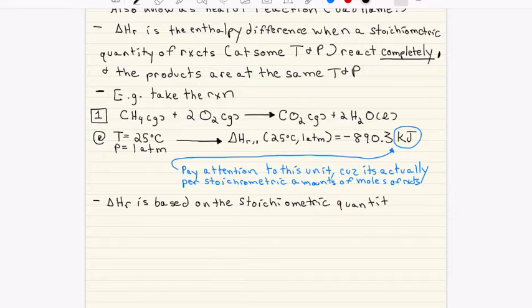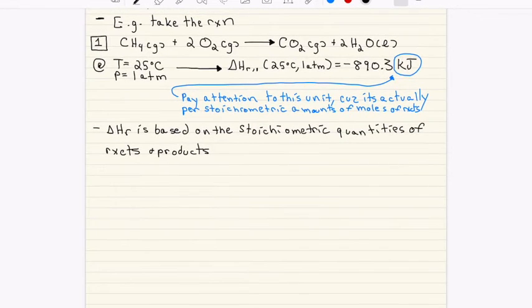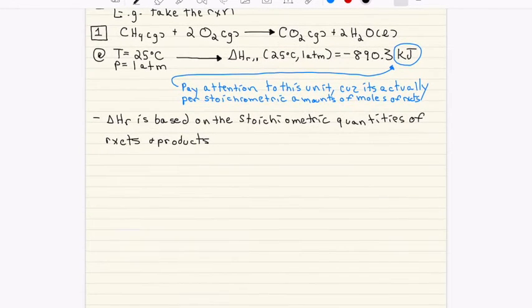Quantities of reactants, and also the stoichiometric quantities of the products that are formed, and products. All right. And so I can imagine this is somewhat of a confusing statement, so I'm going to go through an example to at least help you visualize this a little bit better.